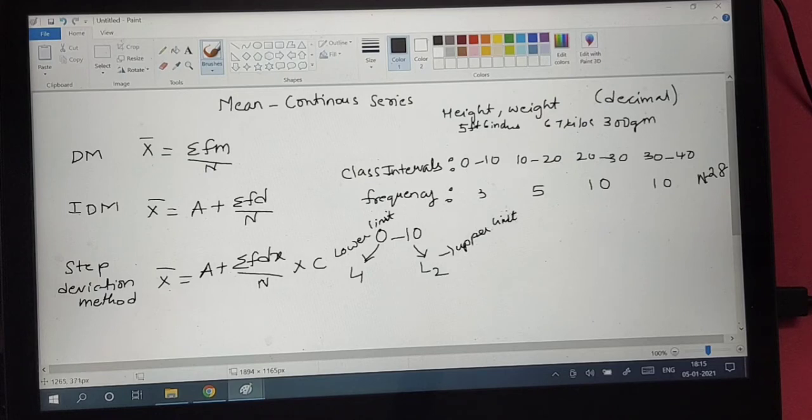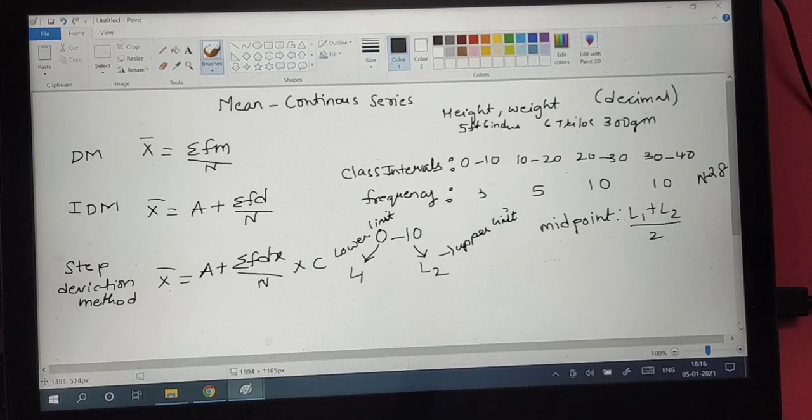Okay, so when we calculate further into the problem, we need to understand how a midpoint is calculated. So a midpoint has a short formula which is L1 plus L2 divided by 2. So midpoint is the middle value in that particular class interval.